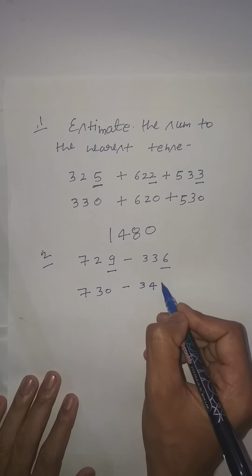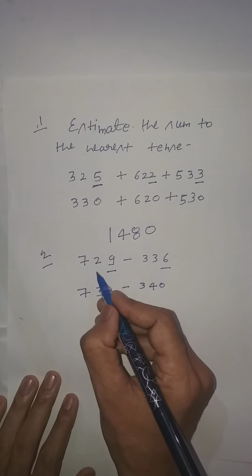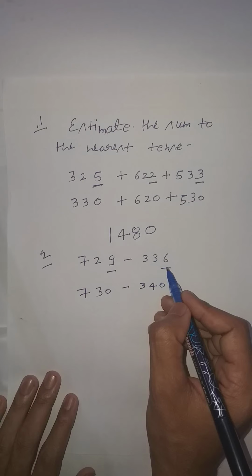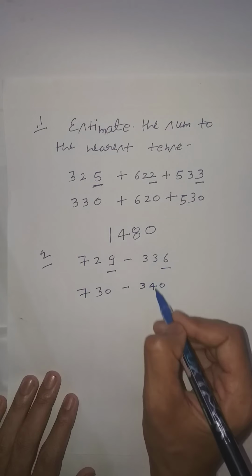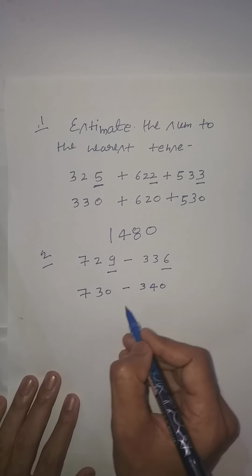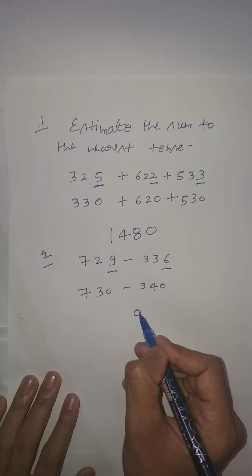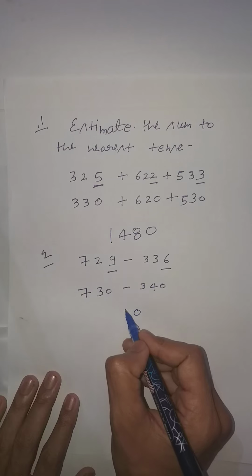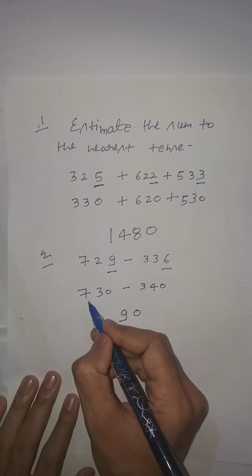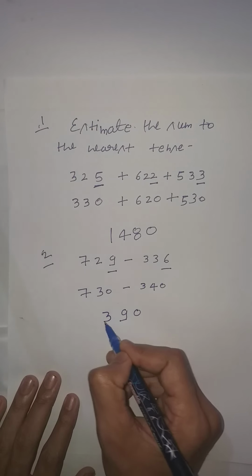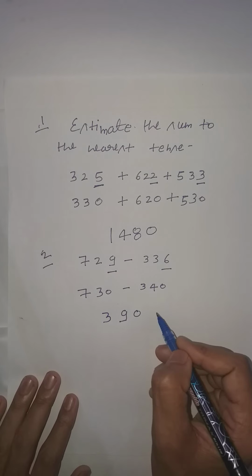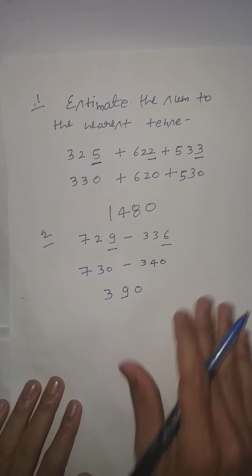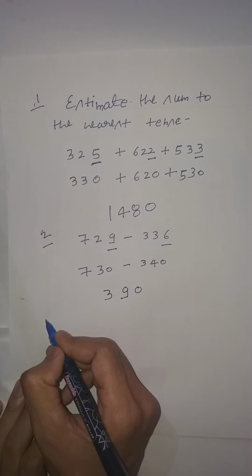Clear to everyone? Because here ones place is 9, so we will increase 2 by 1. Here ones place is 6, so we will increase 3 by 1. This will become 4. Now subtract this. 0 minus 0 is 0, then 3 and 4. So you will carry 1, so 13 minus 4 becomes 9 and this will become 6 minus 3, 3. Clear to everyone?